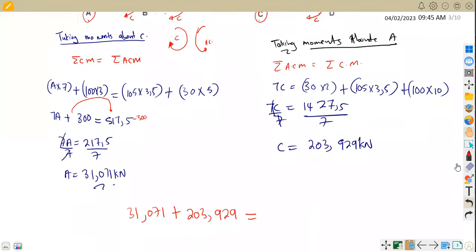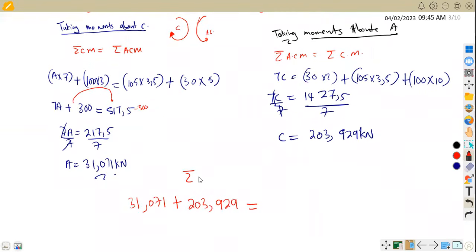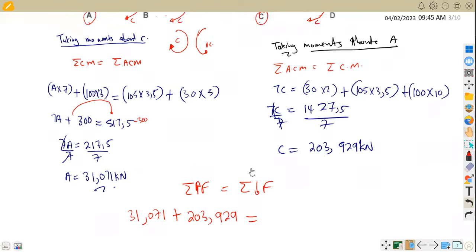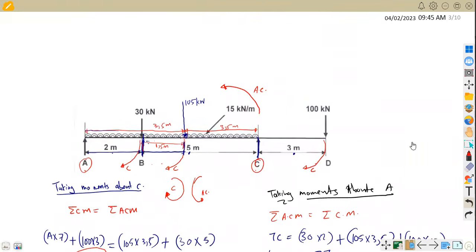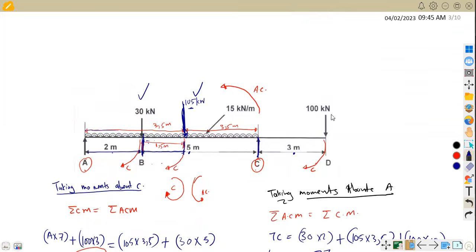So we can just indicate that the sum of upward forces is equal to the sum of the downward forces. Now we are relating to 30, 105. It's now a point load. We are relating a point load of 105 and the 100. This 15 kilonewton per meter is the one that gave us 105.